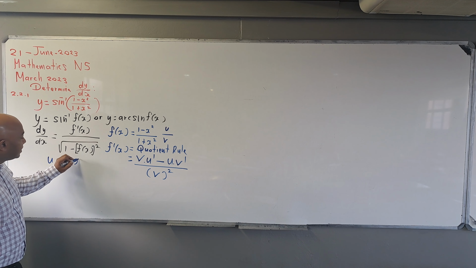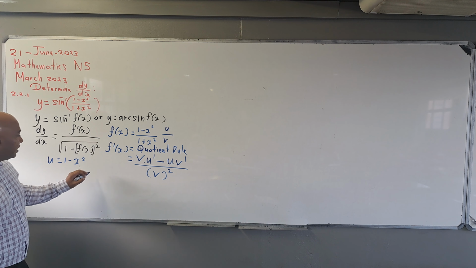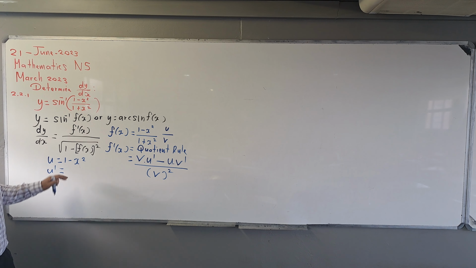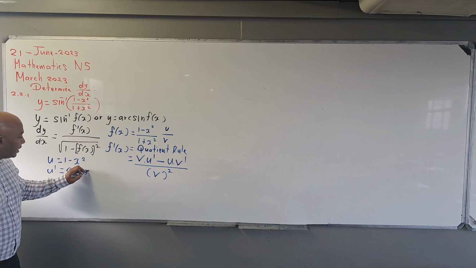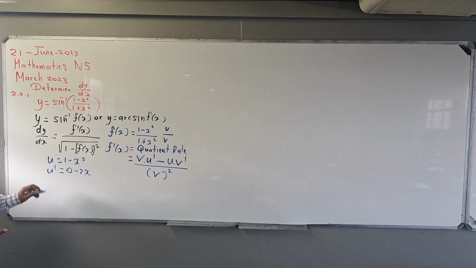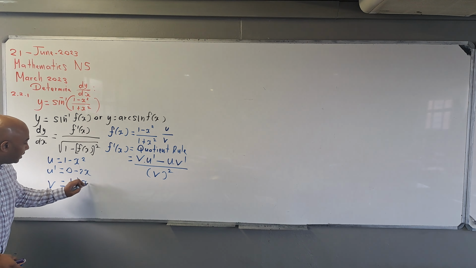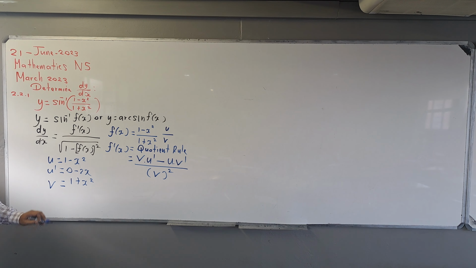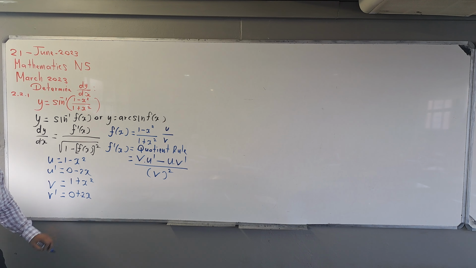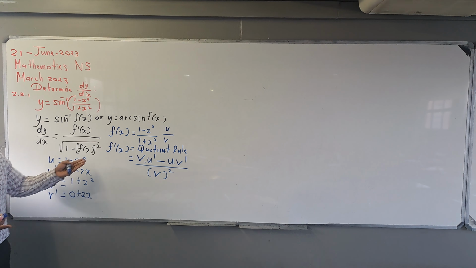My u is 1 minus x squared, and u prime, the derivative here, will be 0 minus 2x. You clear with that? I'm just doing this in detail. Right, so now v, the denominator here, is 1 plus x squared. So v prime, the derivative here, will be 0 plus 2x. You're clear with that?